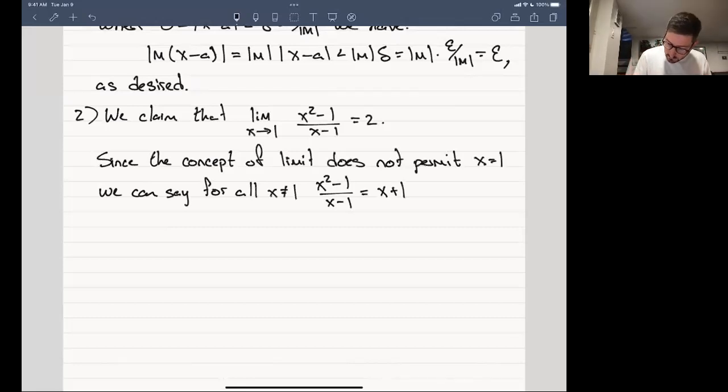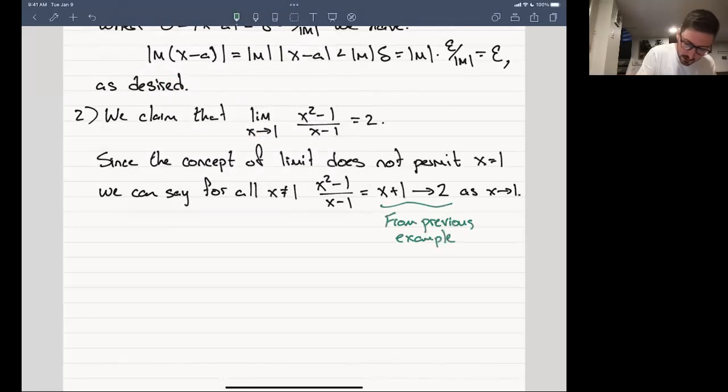And clearly, this is approaching 2 as x approaches 1, right? And the reason for this is from the previous example. Right, that's now a linear function. M is equal to 1, B is equal to 1. Now you can just invoke what we did for lines. And so that's why I just wrote this right arrow. I didn't do any analysis because it just falls into the previous case.